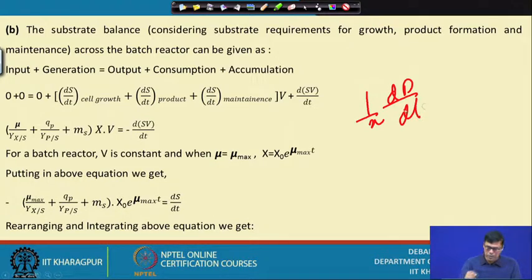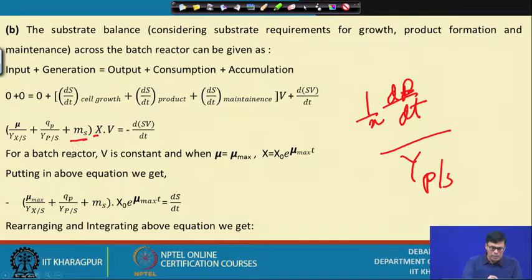Now, divided by Yp/s. Yp/s equals dP by dS. The dP will cancel, giving dS by dt. And if you multiply it by X, then we will get the substrate required for the product formation.